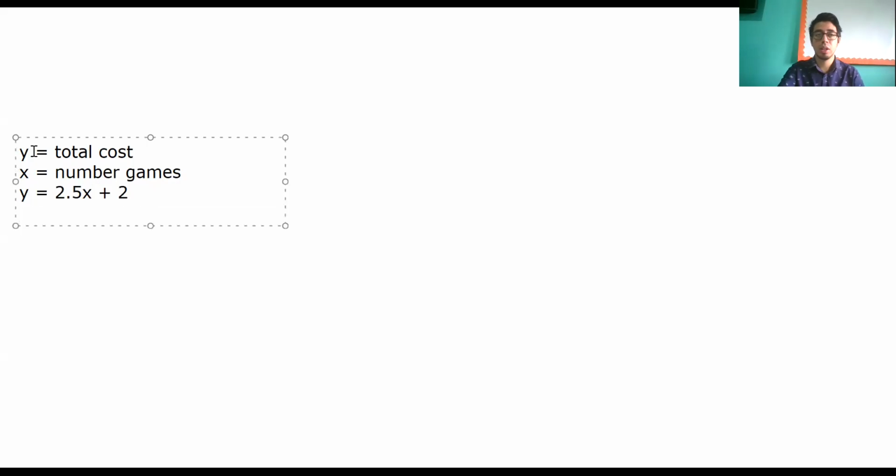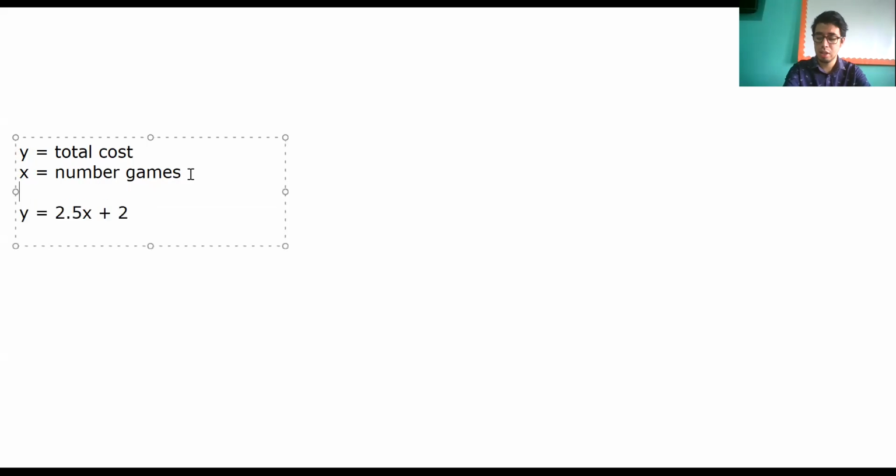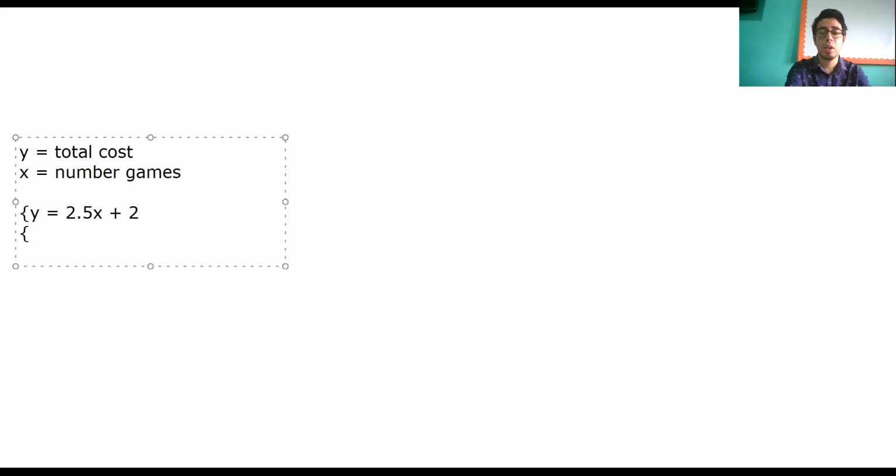And for the other one, okay, like it's a system of equations, I'm going to write you the symbol here. For the second one, Bowling Pins, y, the total cost, is equal to the price per game, $2, multiplied by the number of games, the variable x, plus the shoe rental.